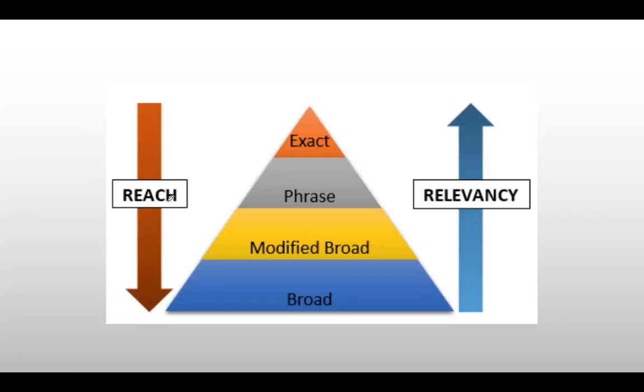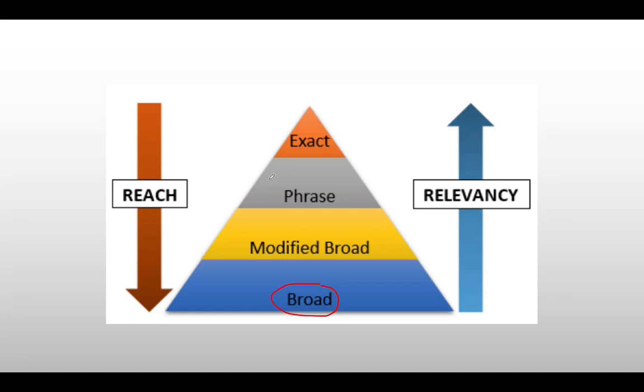As we can see from the image in front of us, when you add keywords in broad match, you will get a very high amount of reach, but a very low amount of relevancy. In modified broad match, you will also get a high amount of reach, a lot of impressions, but very few relevant impressions and clicks.